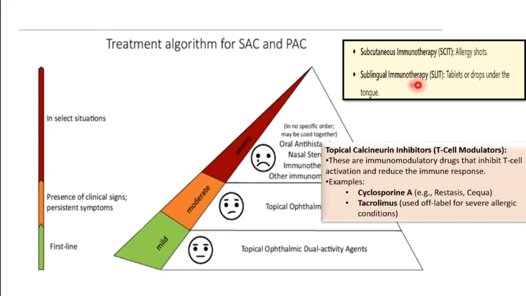Then you have sublingual immunotherapy also, where you put the allergen in the form of tablets or drops under the tongue. So you're gradually introducing the allergen to the patient, building up their immune response and reducing their sensitivity to that allergen over time, right? That is known as immunotherapy, reserved for very selected cases.